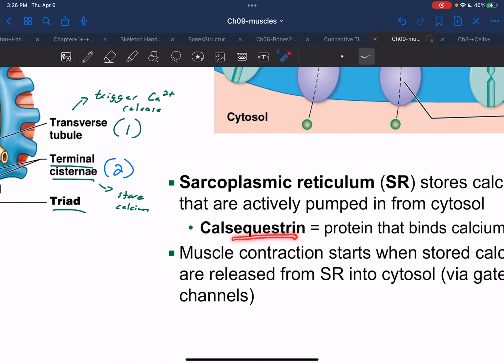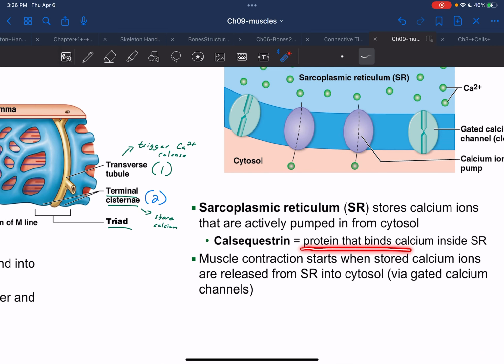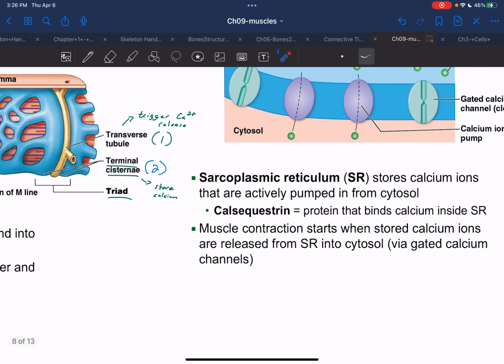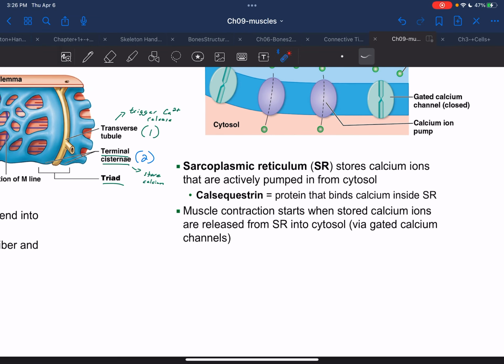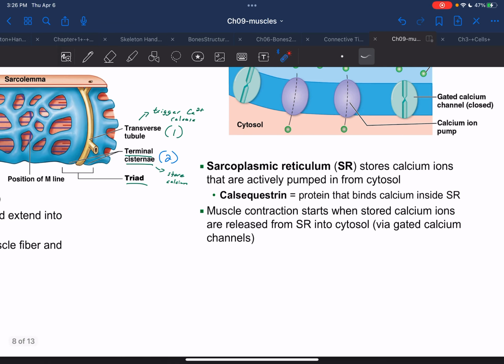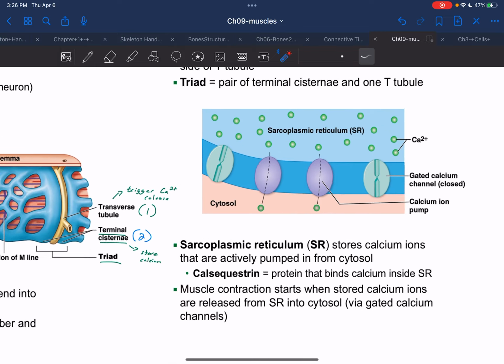Sequester means to gather together. So cal implies calcium, so it's like a calcium gatherer protein. And it exists inside of that sarcoplasmic reticulum to store our calcium ions. And so when that calcium ion is released, it's released into the fluid. And remember that the fluid inside of a cell is called cytosol. Cytosol.